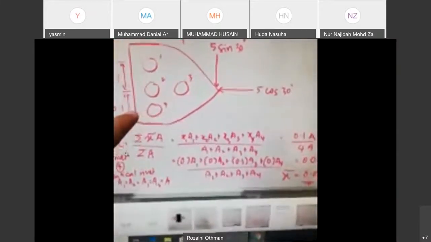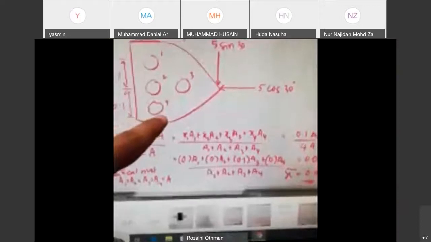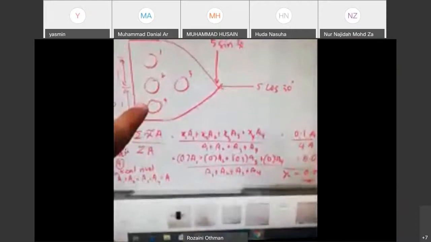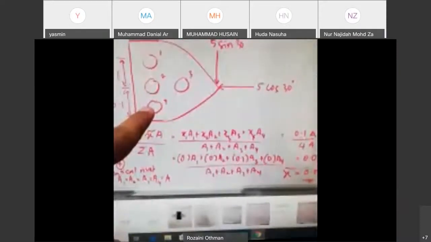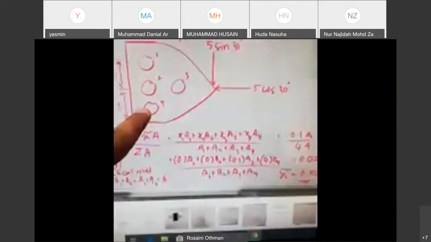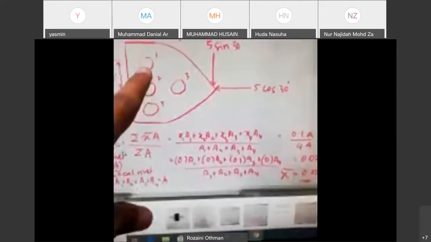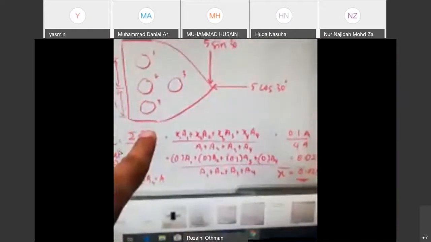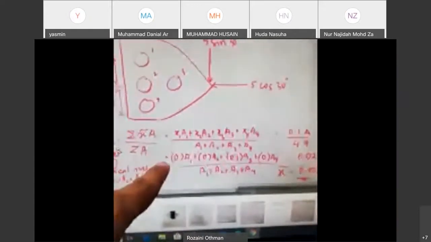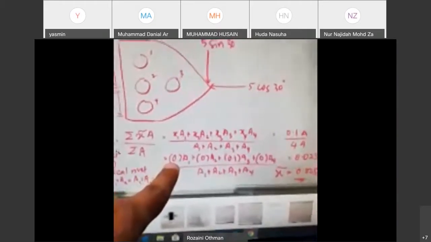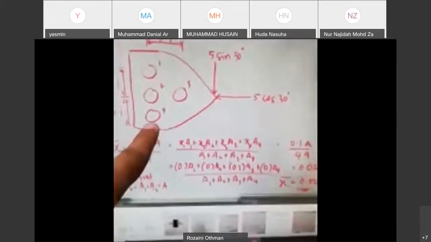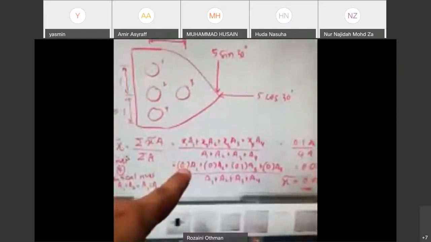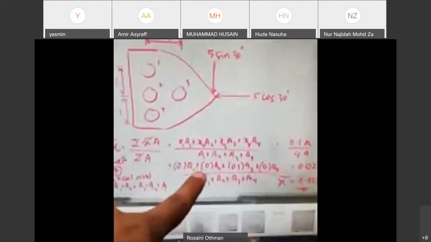So in this case, rivet number 1 is in line with rivet number 4. So there is no distance in X. So that's why X1 is 0. Because there is no distance in the X direction between rivet 1 and rivet 4.